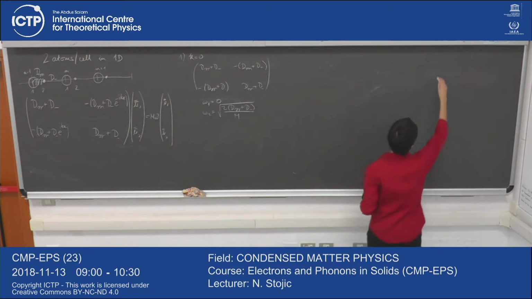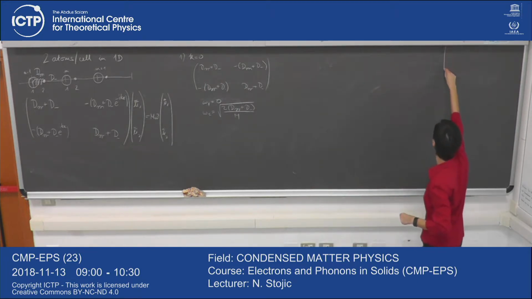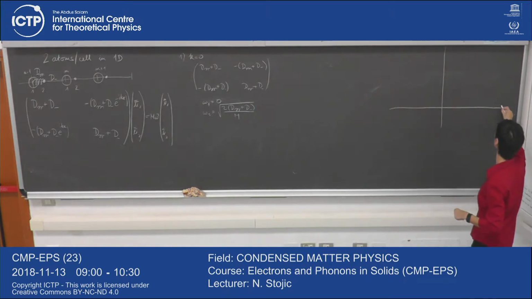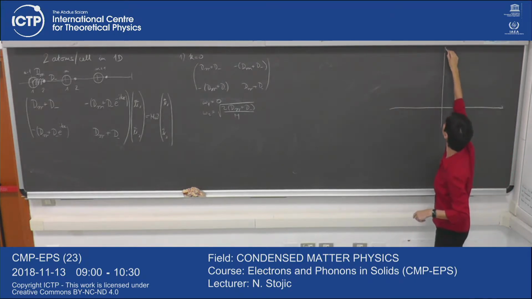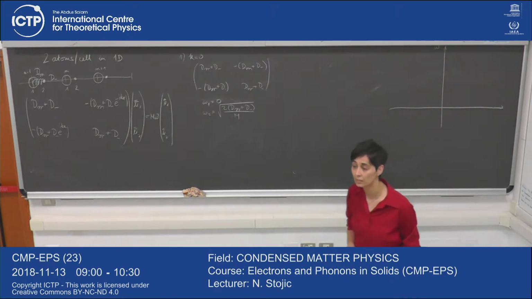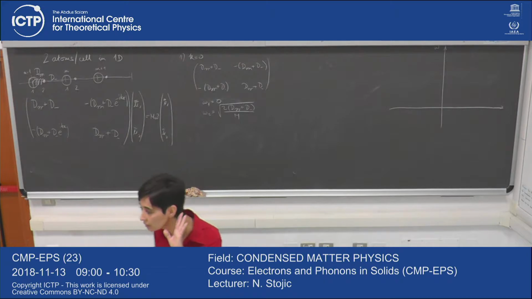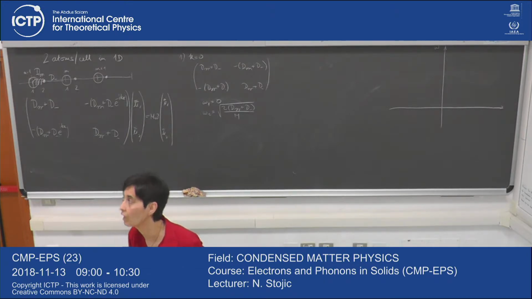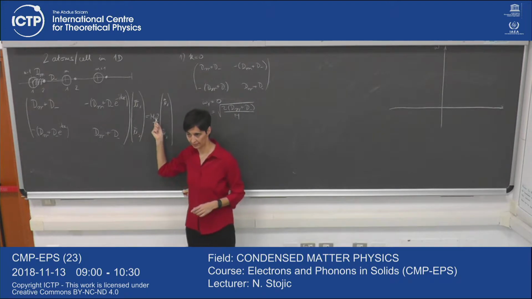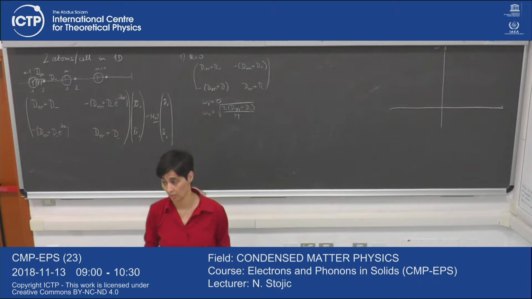And let's somewhere start plotting our solution. Excuse me, what are we really solving for? Are we solving for the displacements? We are solving for the frequency. This is the eigenvalue. We want to find the dispersion relation.